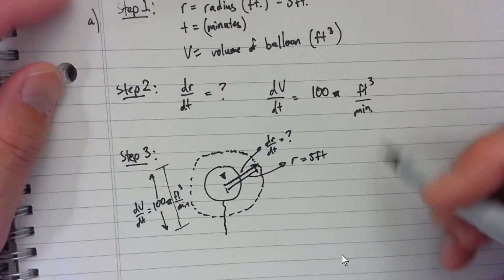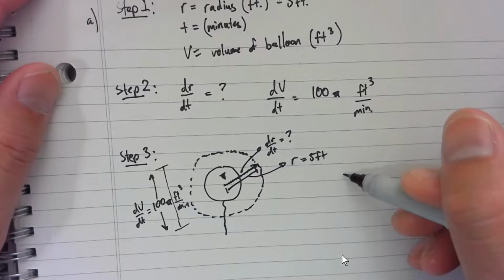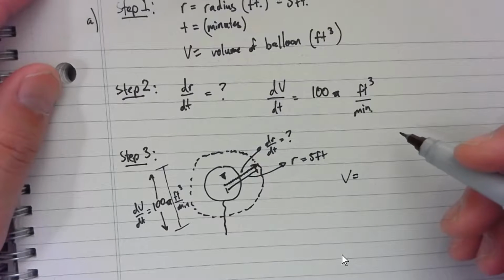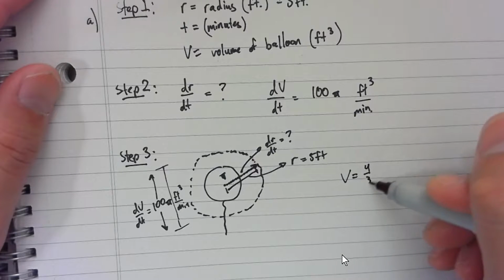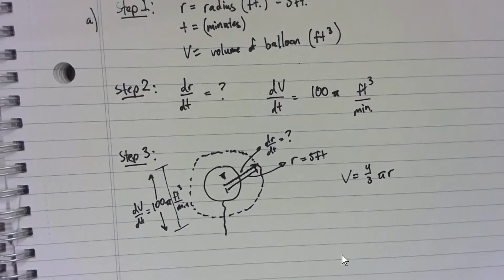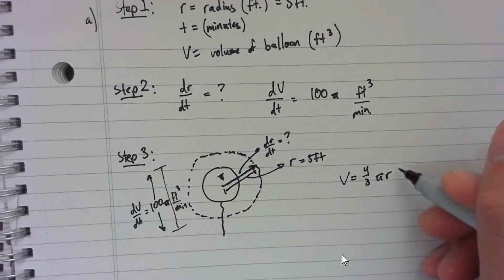Let's link this. Basically, just tell me what the volume of a sphere is. If I remember correctly, that's 4/3 pi r cubed, because it's 3D.